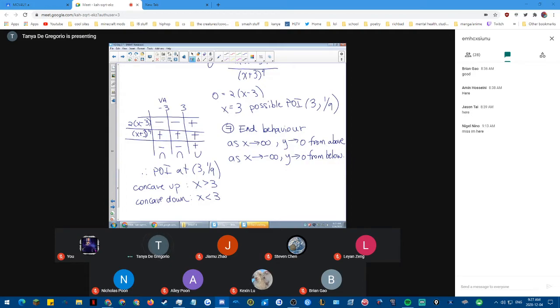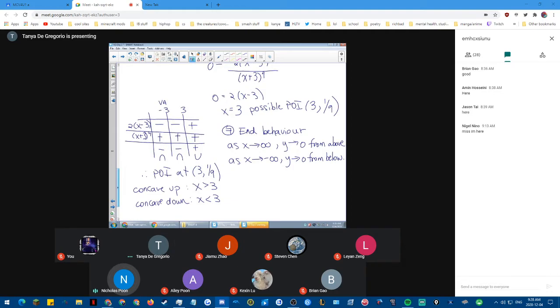Okay, good. Is everyone okay with how we got this? Just sub in a very big value of x, sub in a very small value of x, see if you're above 0 or below 0. Okay? Cool?